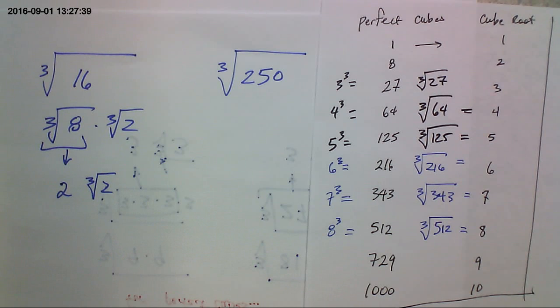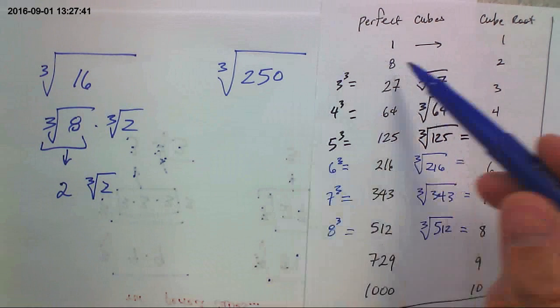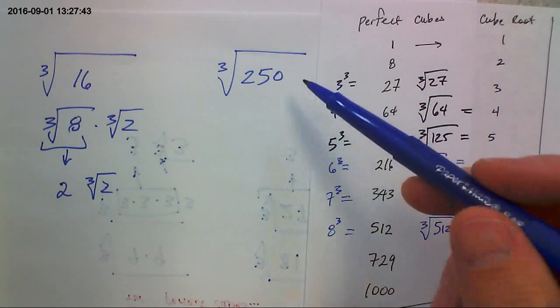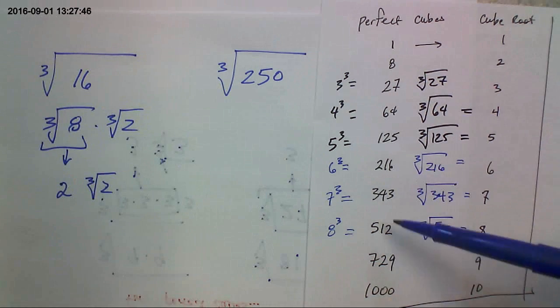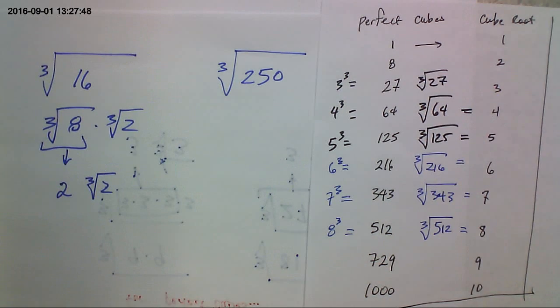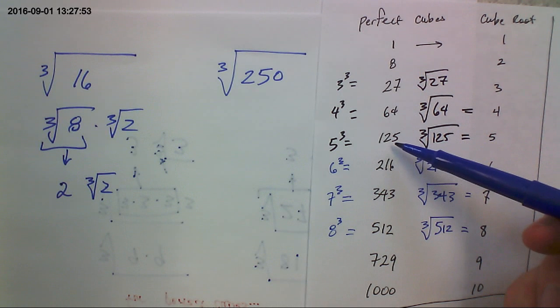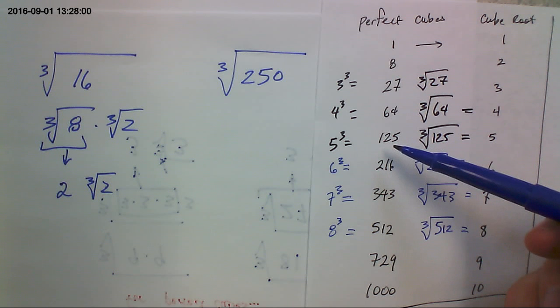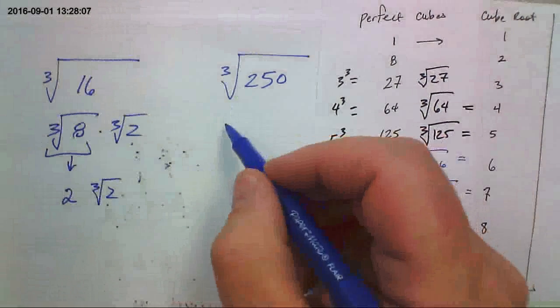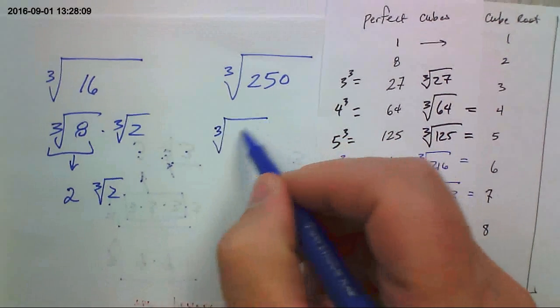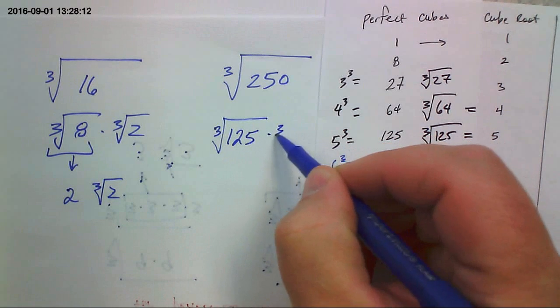Perfect cube. So what about this one? Do you see what you could multiply by one of these to get 250? That times 2 again. 125 times 2? Is that 250? Yeah. Okay, good. So that's really the cube root of 125 times the cube root of 2.